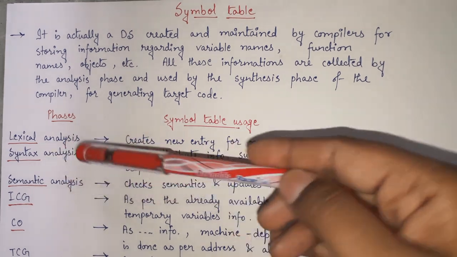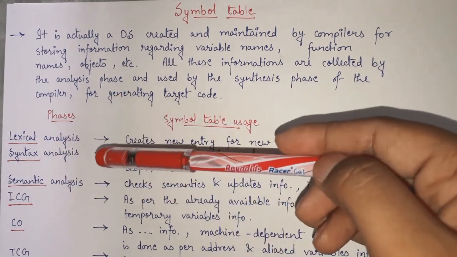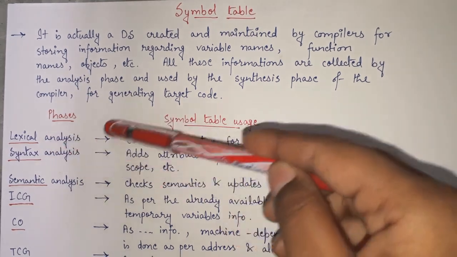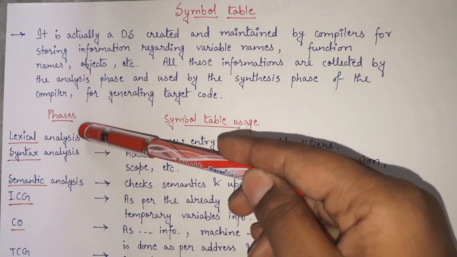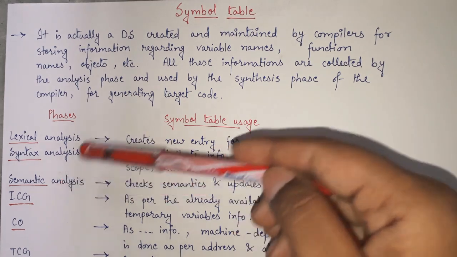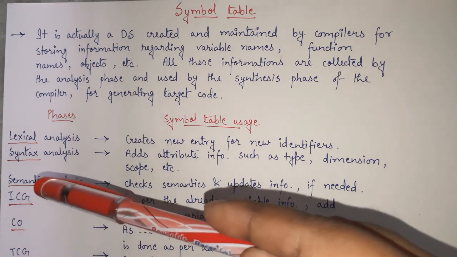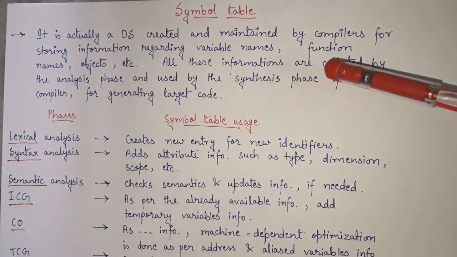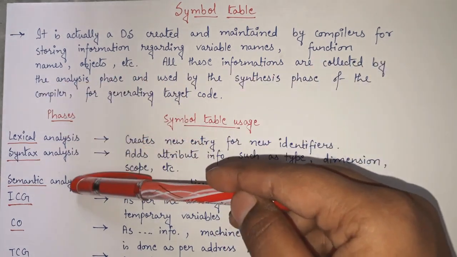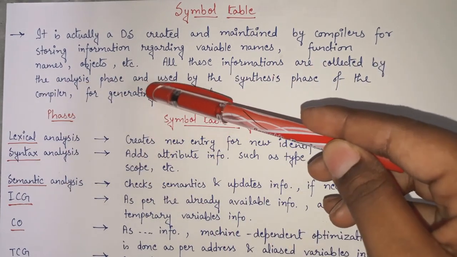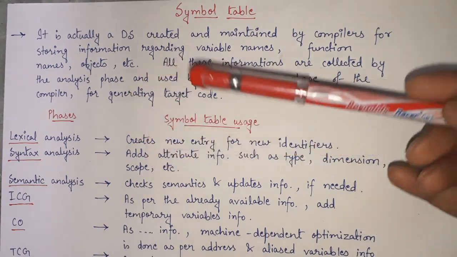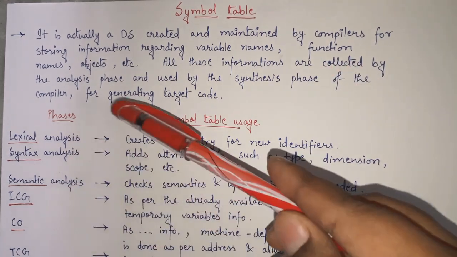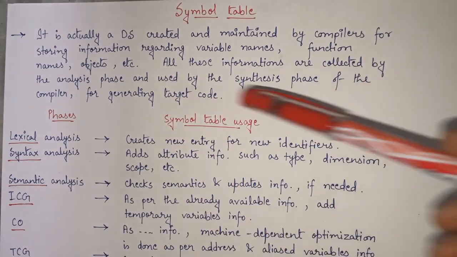As we have seen, there are mainly 6 phases of compiler. Among the 6 phases, the first 3 phases, that is lexical analysis, syntax analysis and semantic analysis, are particularly known as the analysis phase of compiler, right? So all the information in the symbol table is collected by the analysis phase, meaning by these 3 phases of the compiler, and this stored information is used by the synthesis phase of the compiler.